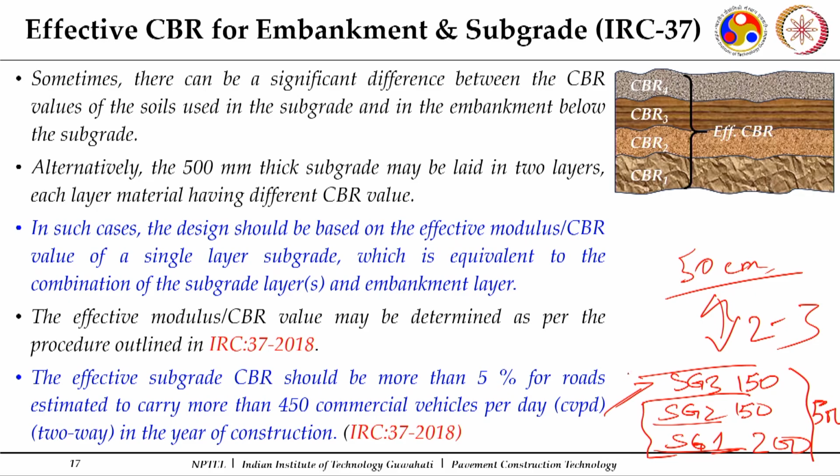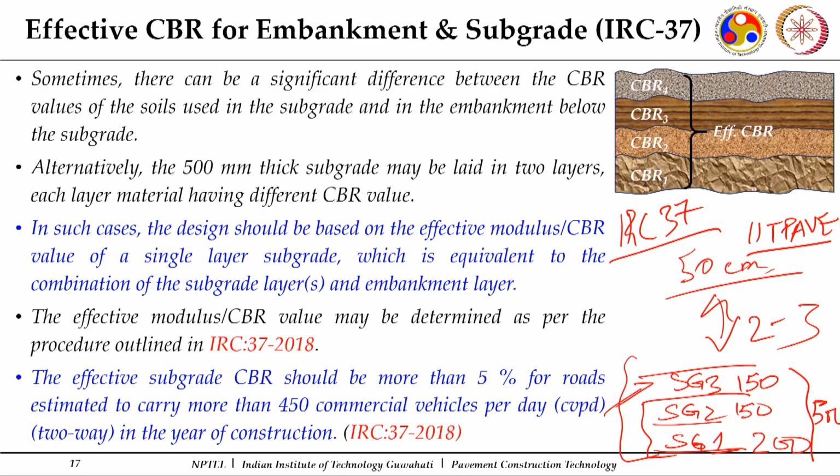So, in that case you need to work out the effective CBR, that is, what CBR this combination will give you. The IRC 37 makes use of the software IIT Pave, I am not discussing that particular part here, because this is a design aspect.